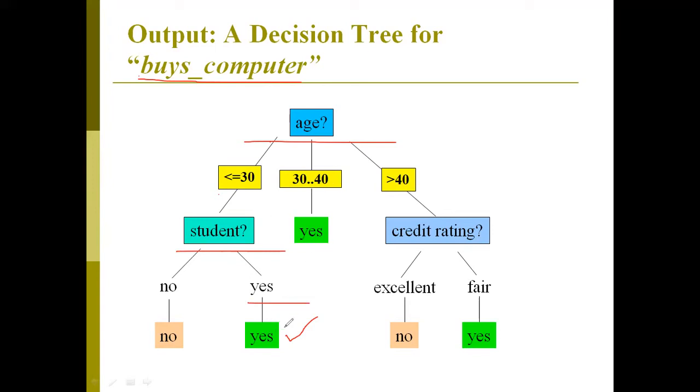Like this, we are going to represent the other nodes. What are the other internal nodes? 30 to 40: if their age is 30 to 40, they will also buy a computer.